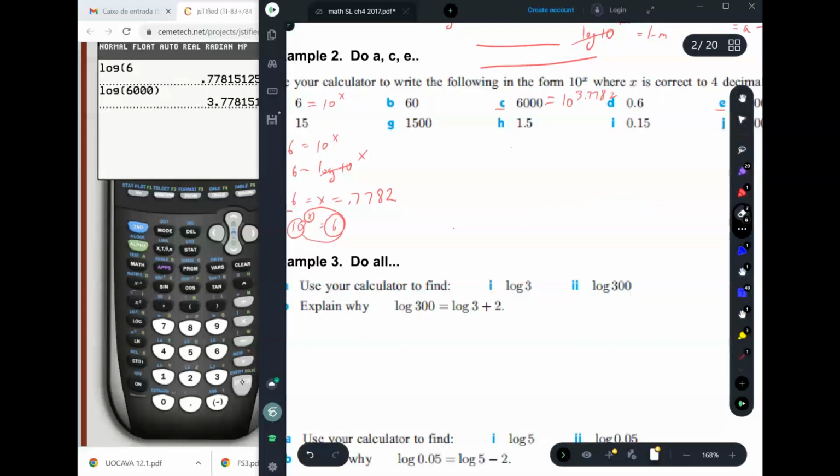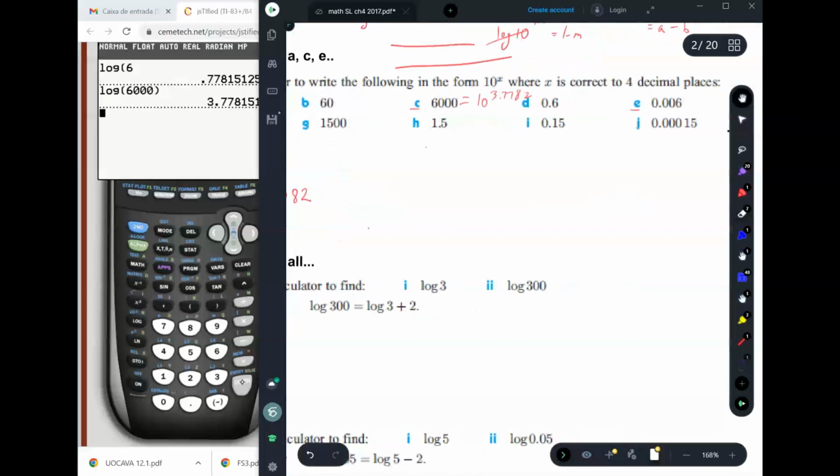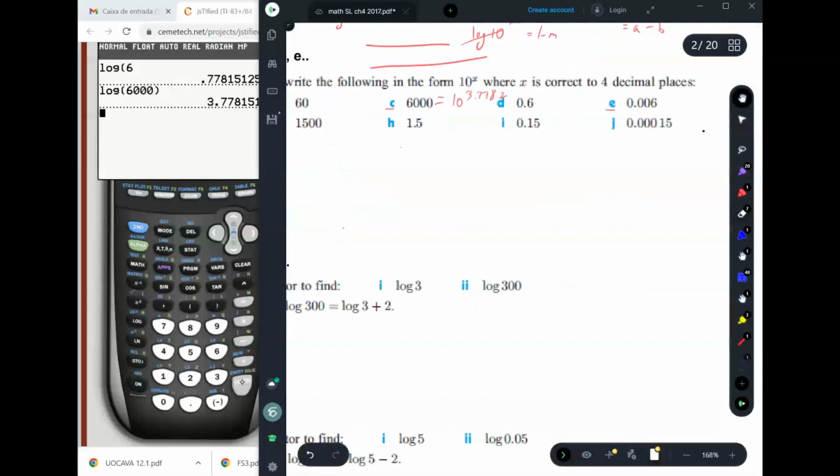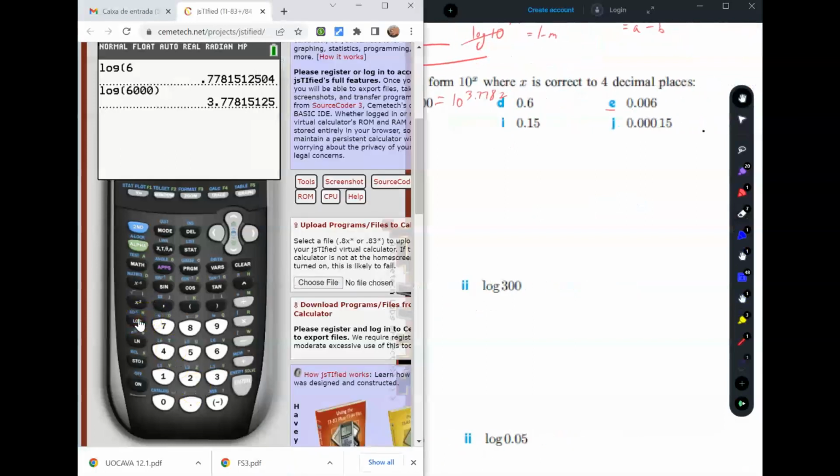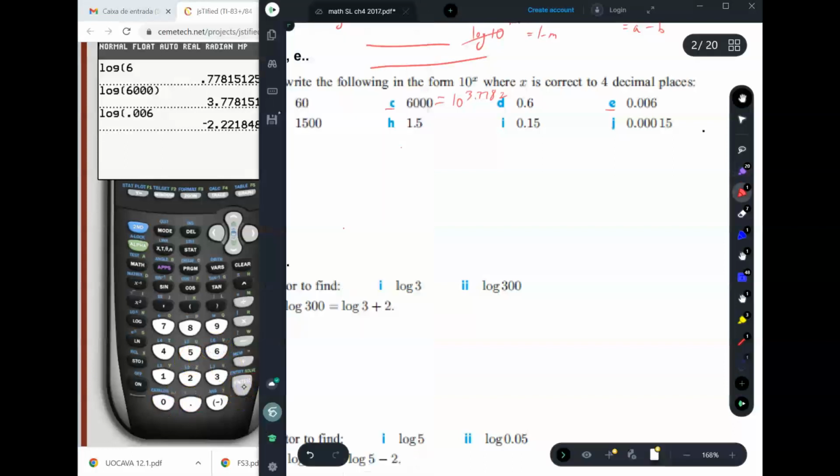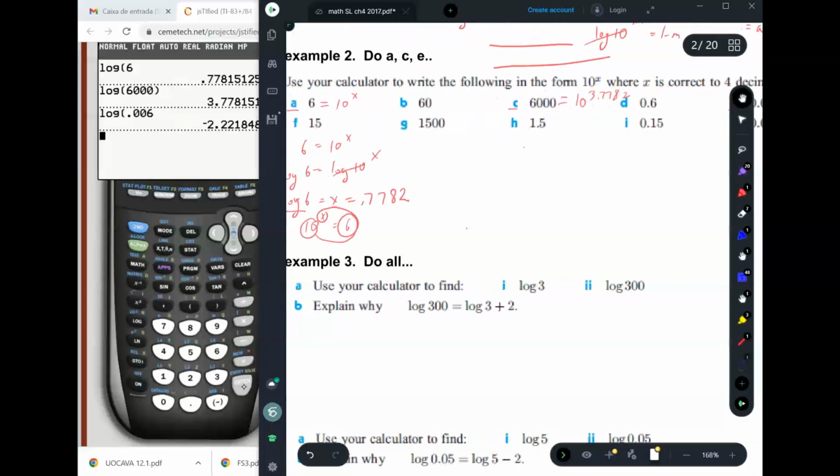All right. And E, 0.006. So we just do log 0.006. Negative 2.2218. You might also notice that the last four digits, 7782, are repeated here.